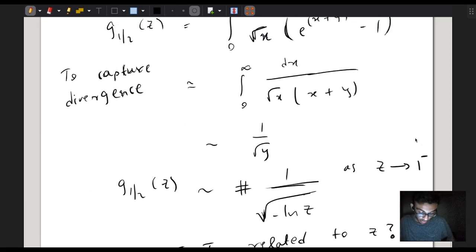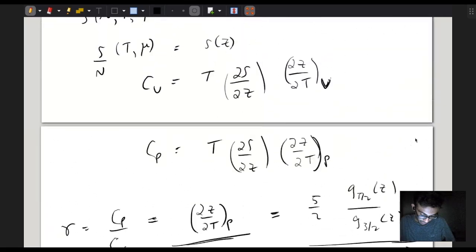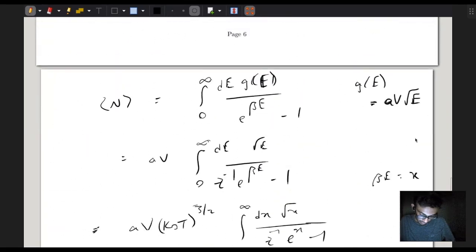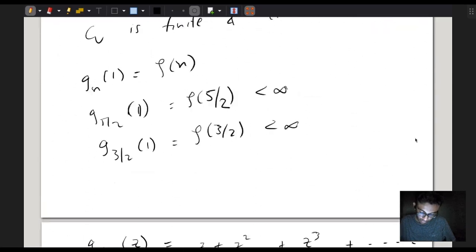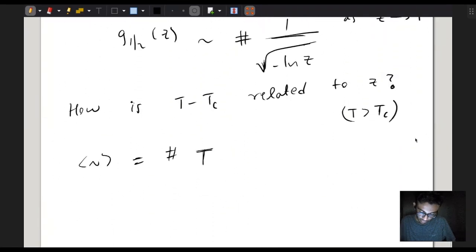It's going to be... and exactly at t equal to tc, this is also equal to tc to the 3 by 2 times g 3 by 2 of 1.